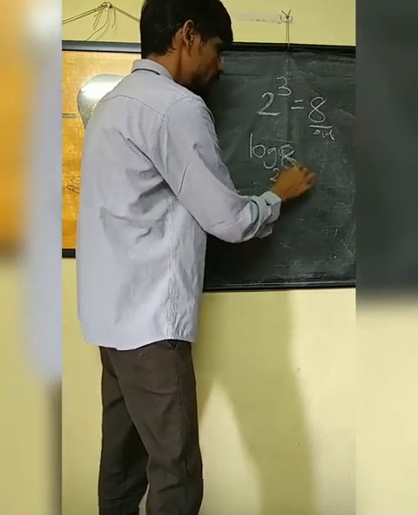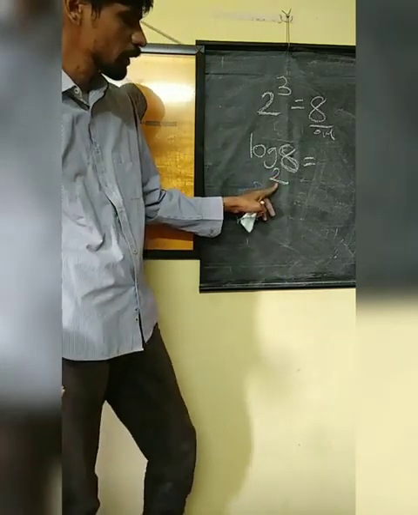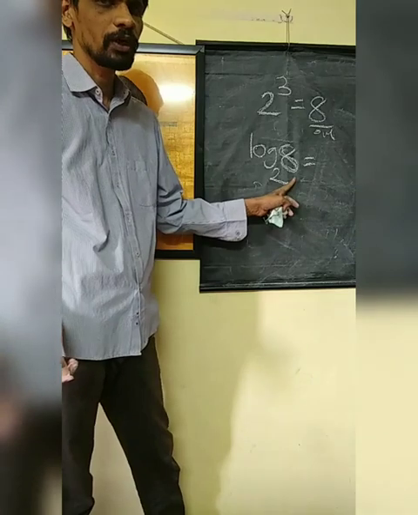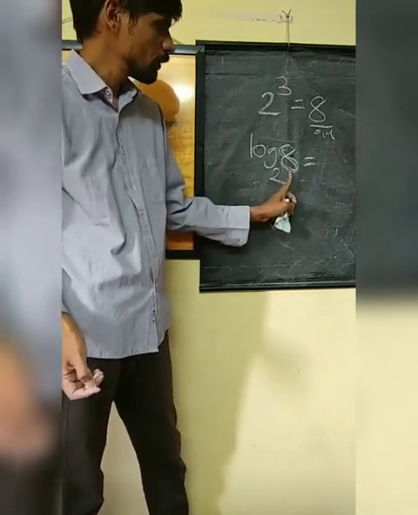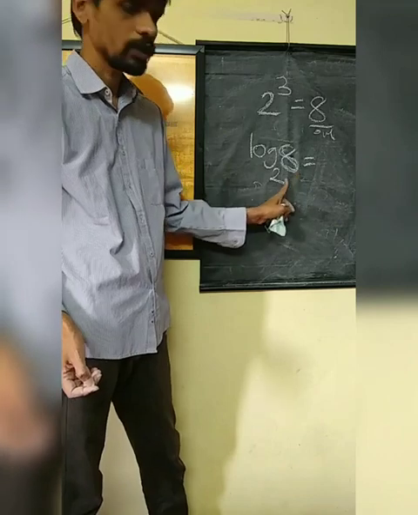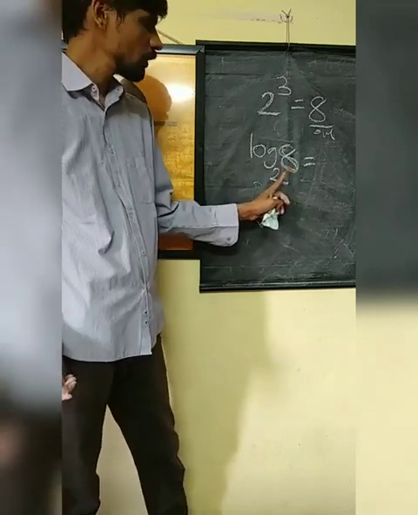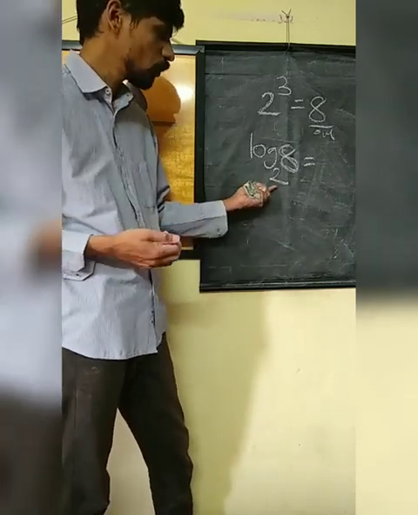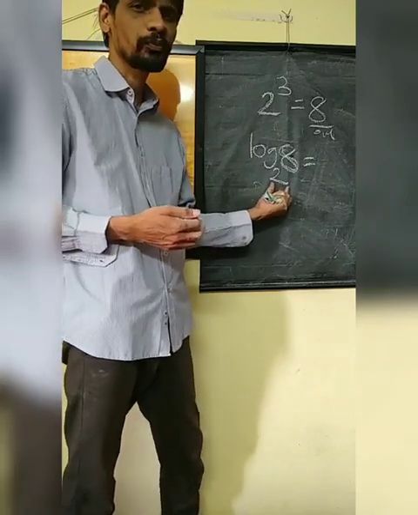8, this is my output, equals to, this is my growth rate, this is my output, end of the output. How many times we need to multiply to get output 8, end of the result? How many times I need to grow myself as a number 2?